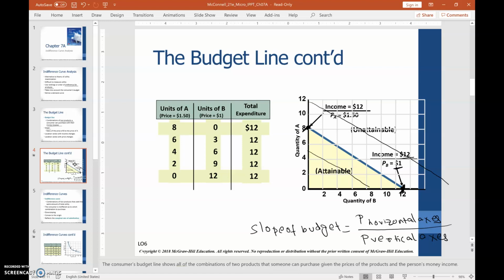These are some anchor points here which we can find out by dividing the total money income over the price of the good.